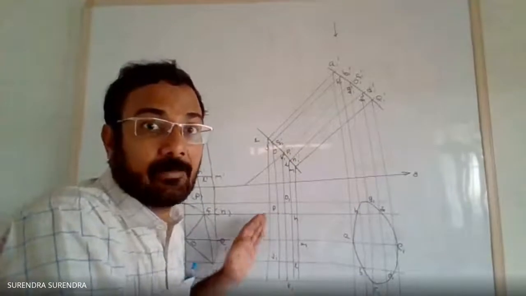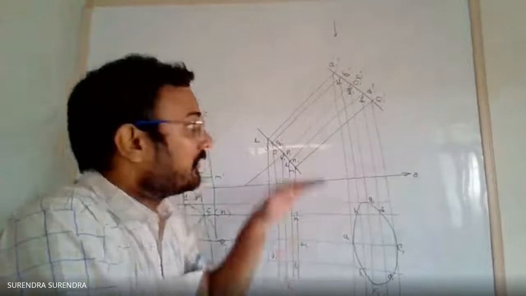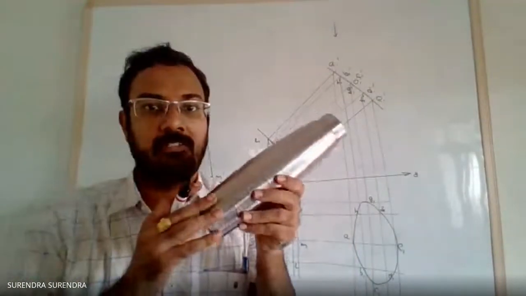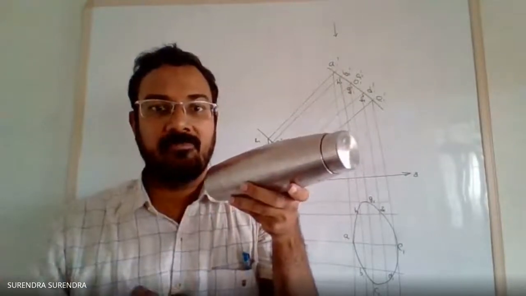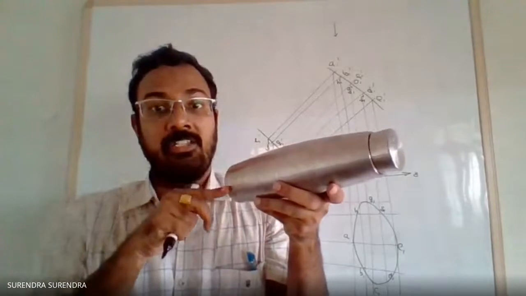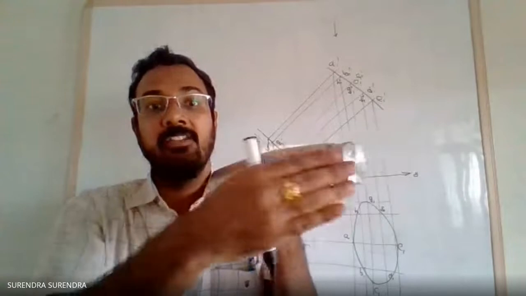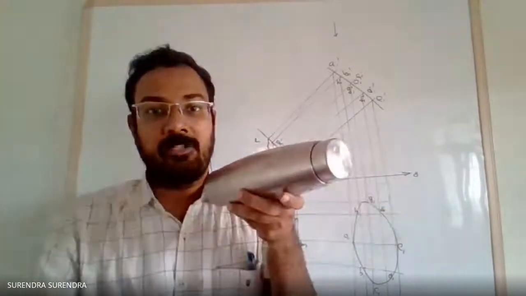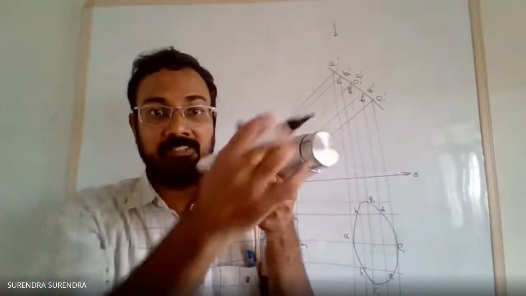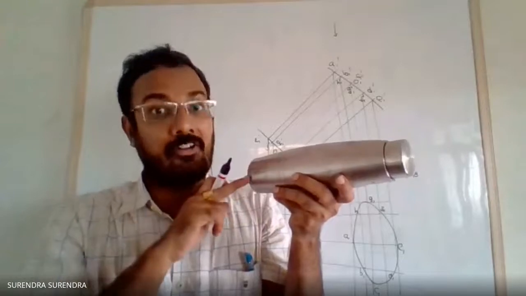Now coming to the second base, we can see only half of the base visible, because when you're seeing in this direction, we can see only one base completely. On the second base, we can see only half. One base, we can see the complete boundary when it is inclined to the viewing direction. On one side you can see the complete base, and on the second side only the half.